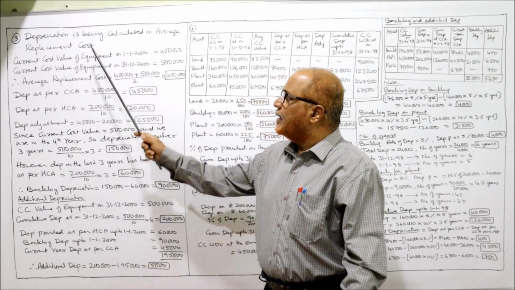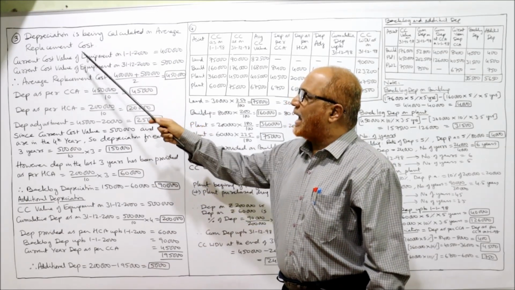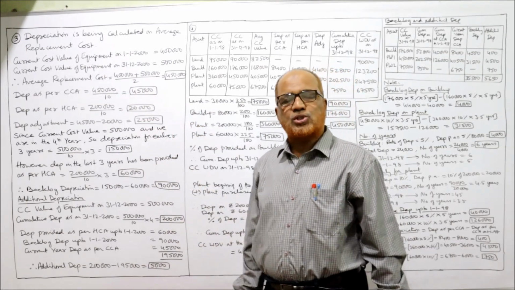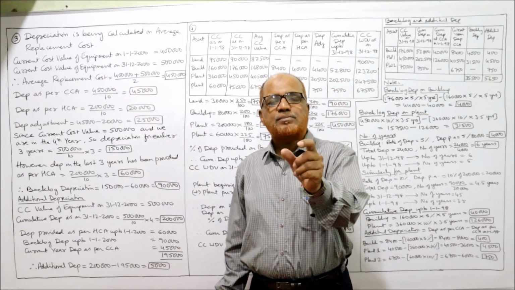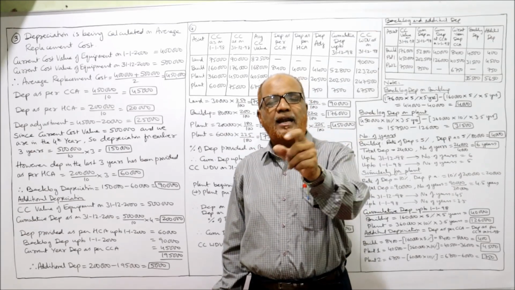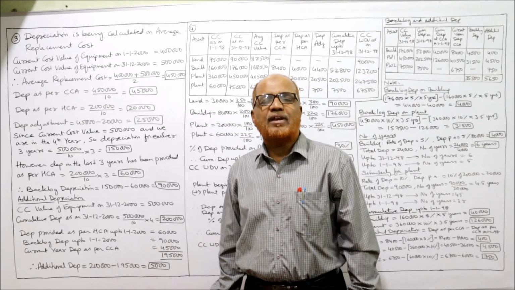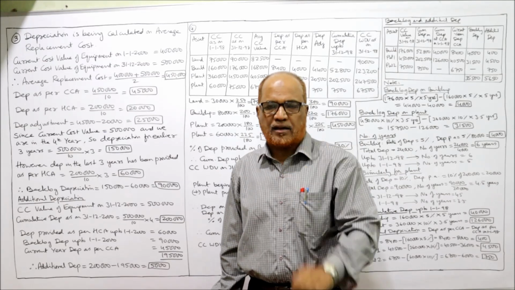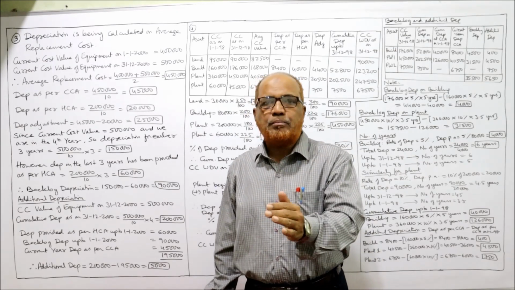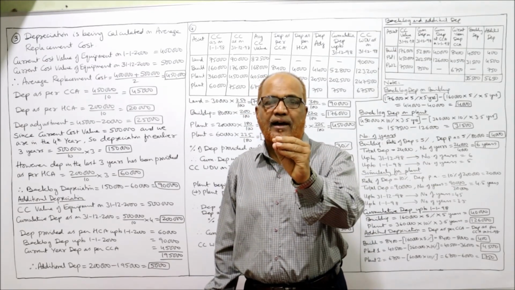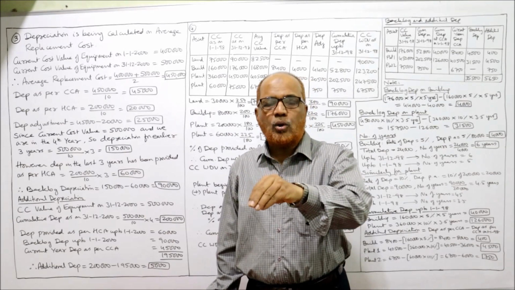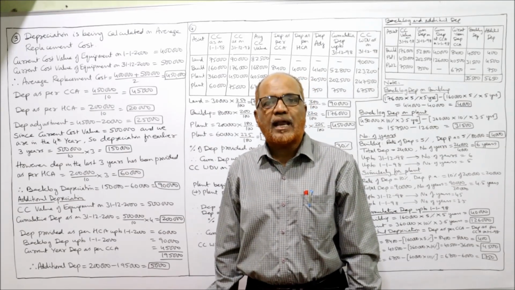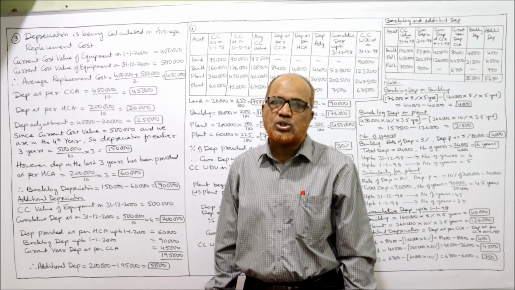See here. Depreciation is being calculated on average replacement cost because we are given the replacement cost at the beginning of the year and the end of the year. 1st January 2000, 4 lakh. 31st December 2000, 5 lakh. When opening and closing are given, we can calculate the average replacement cost.